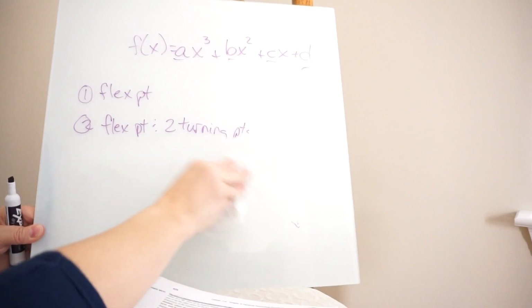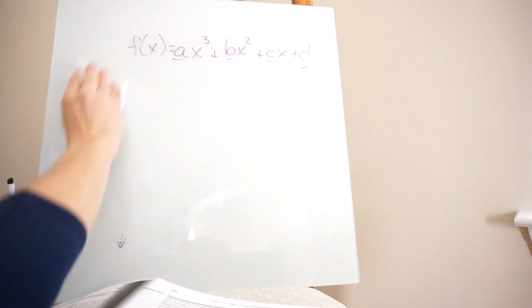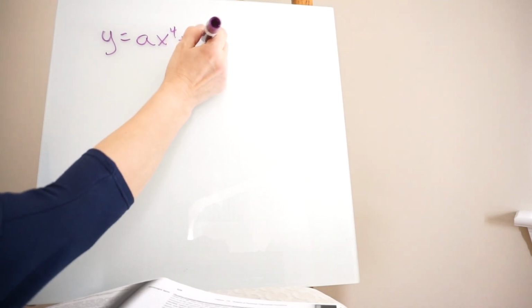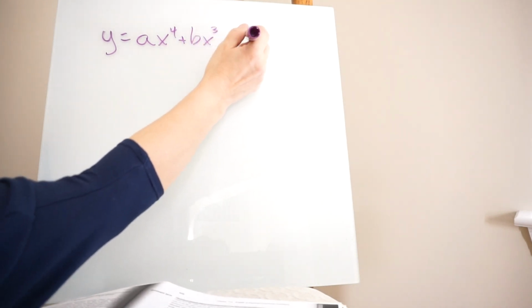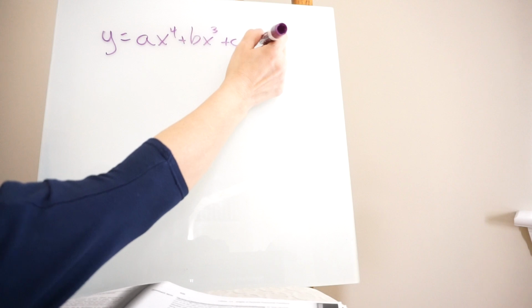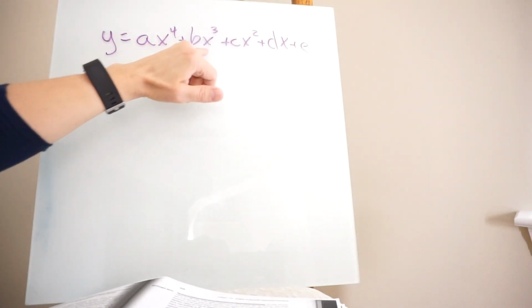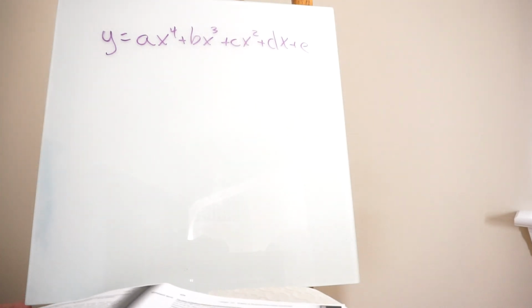So let's look at the next thing, the quartic function. Quartic just means that its highest degree term is a 4. So if we had y equals ax to the 4th plus bx cubed plus cx squared plus dx plus e, again, these coefficients are going to affect the shape of the graph, and then the e is going to affect the vertical position.